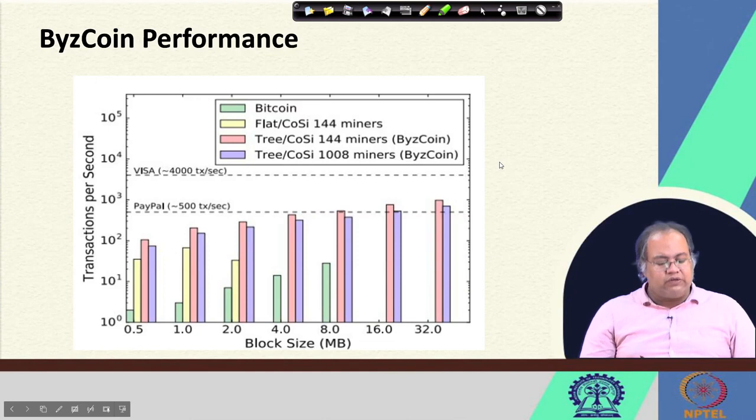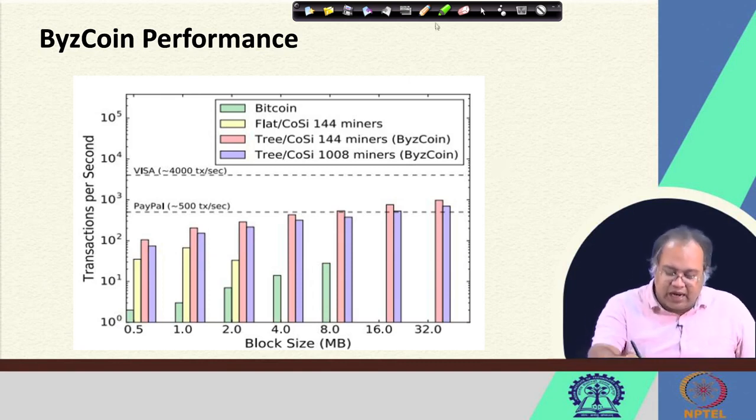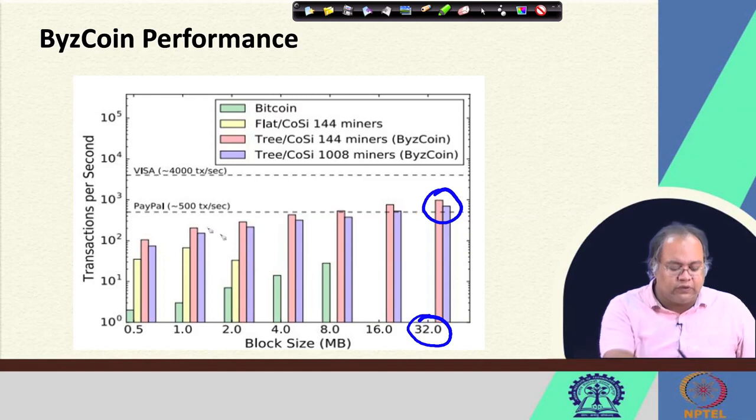Now, let us look into ByzCoin performance with different examples and different use cases. Here you can see that with a 32 MB block size, I can reach a performance which is close to PayPal.